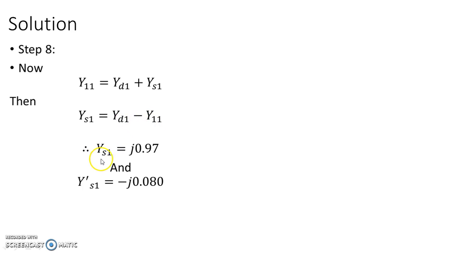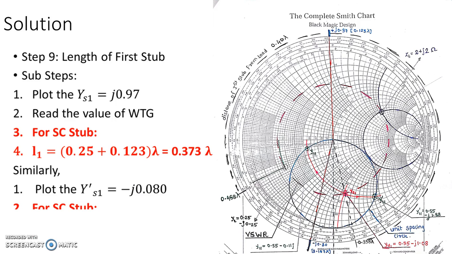Therefore, YS1 becomes j0.97. If I consider Y11 dash, then I will get YS1 dash. There will be two peculiar solutions for that also, and that will be minus j0.808. So I have received my YS1 and YD1.